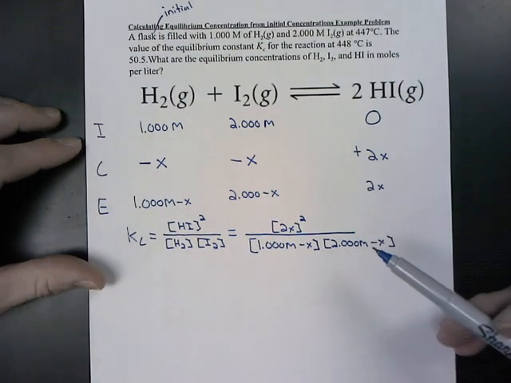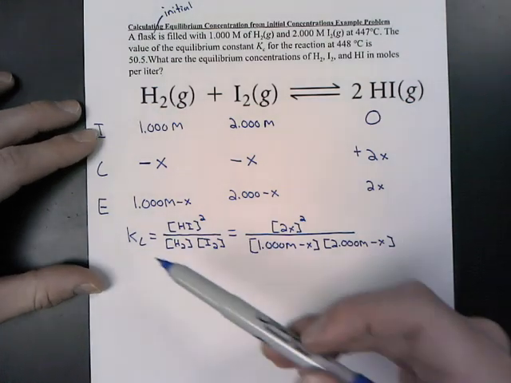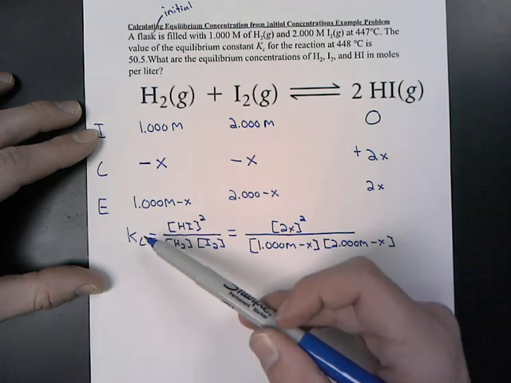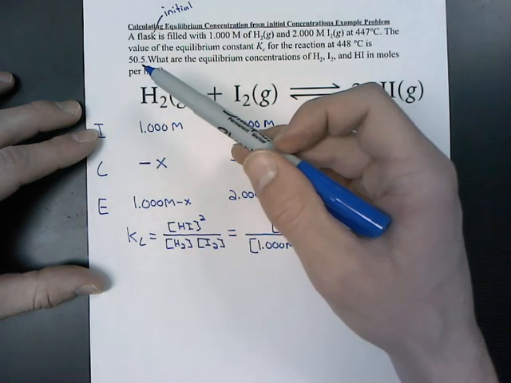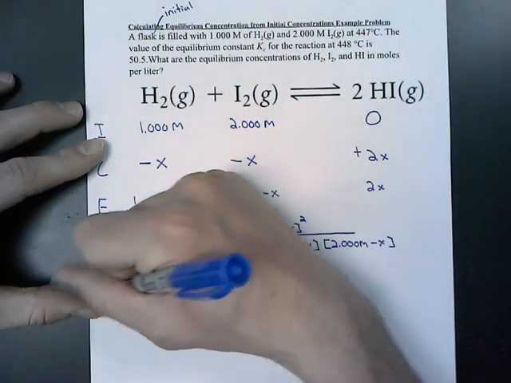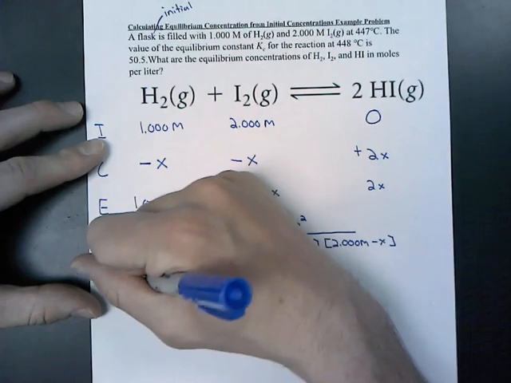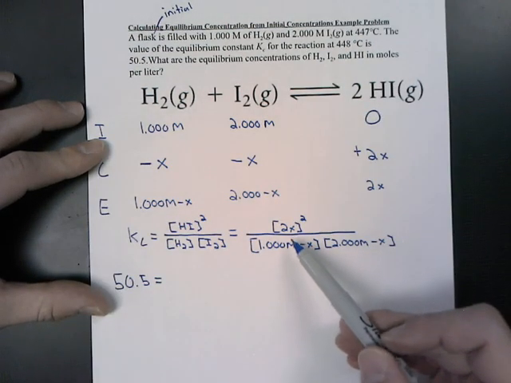What we're going to do is a little math, a little foiling back to algebra. Instead of putting Kc, if you read in this particular problem, we are given Kc. So Kc is 50.5, and now this is where I'm going to do a little math.